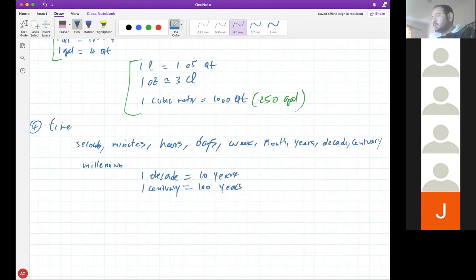And the most important one is this one: 1 millennium is, of course, 1,000 years. Everybody knows how many seconds are in a minute or how many minutes are in an hour. Those are pretty obvious, so no need to mention those, but these are pretty important.